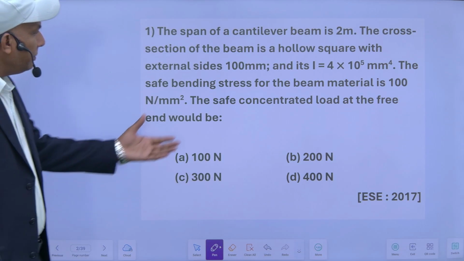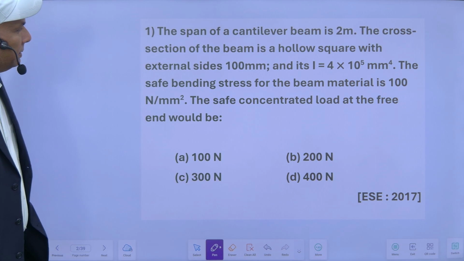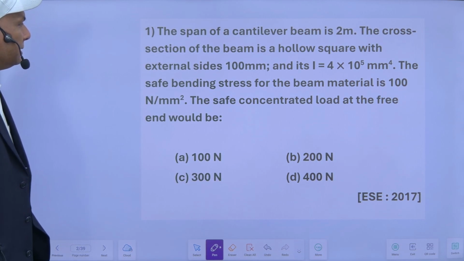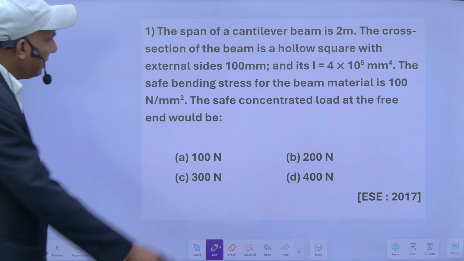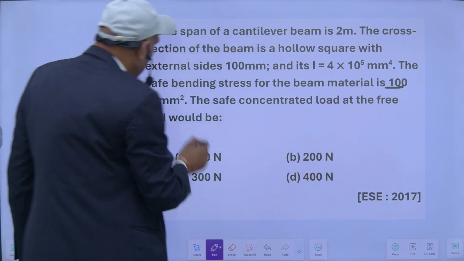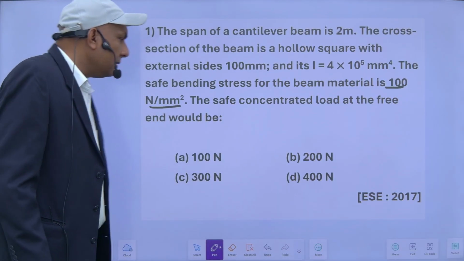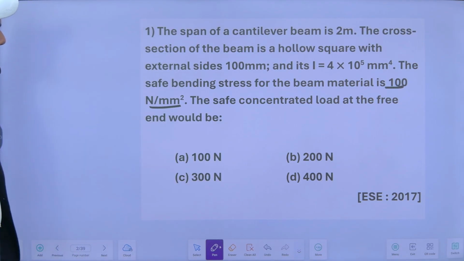The cross section of the beam is a hollow square with external sides 100 and its moment of inertia is this much. The safe bending stress for the beam material is 100 Newton per mm square. The safe concentrated load at the free end would be how much?